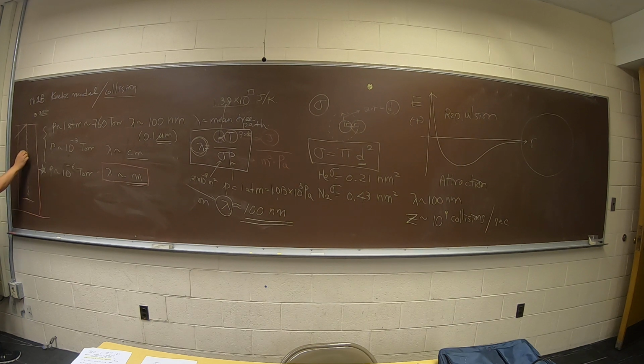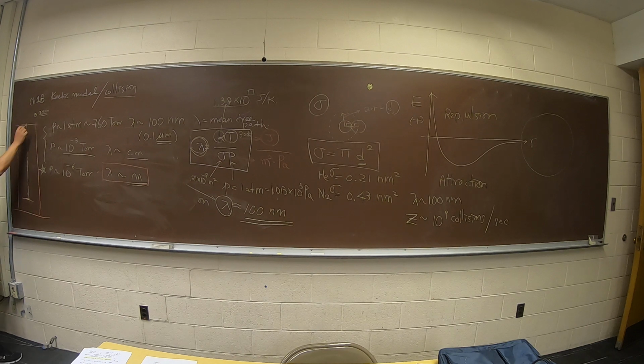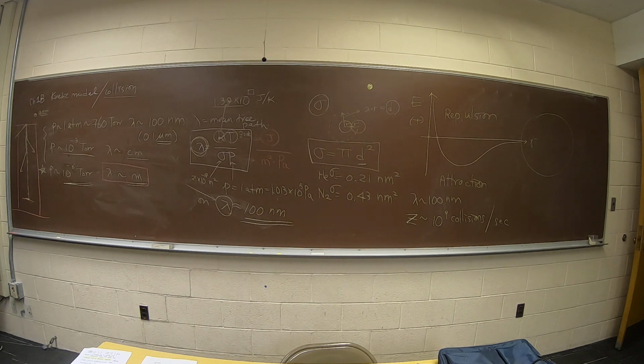I want it to go straight down and deposit where I want. This distance is probably about a meter, right? If you just use this kind of ordinary pressure, the particle will collide and go somewhere else. This is what's going to happen, right? If you have an expensive enough vacuum system, then it is going to go straight down.